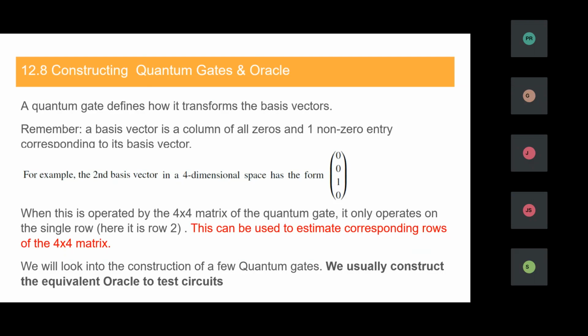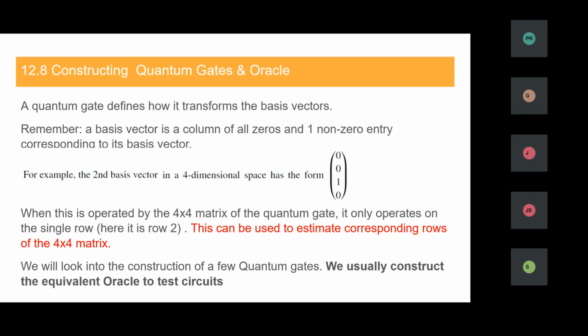If it is the second basis vector, obviously you'll have 0 1 0 0, so this point will be equal to 1. If it's the first basis vector, it would have been 1 0 0 0. We just know about this representation. So basically we have a 4-dimensional space, or C4 space, with two bits, and I can represent that in the form of a column vector.